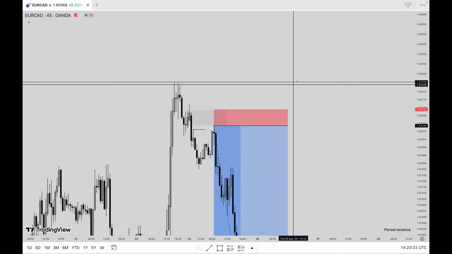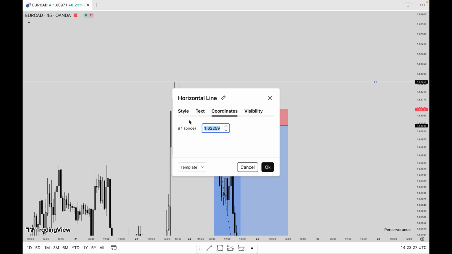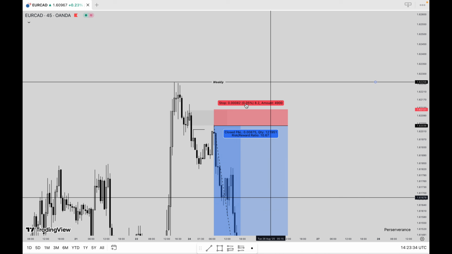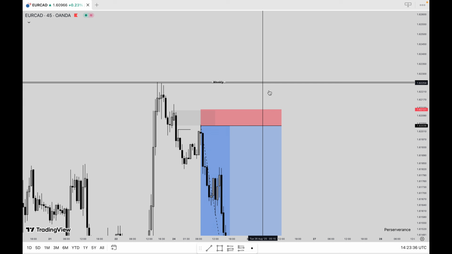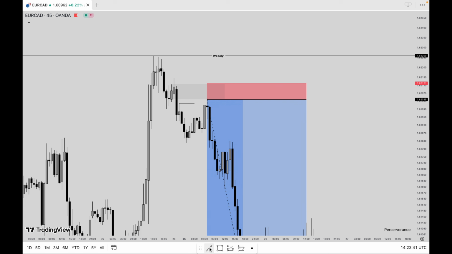Now this horizontal line you are seeing is the weekly resistance zone that price tapped into. I just labelled it weekly for you to be able to understand it, right? As price tapped into this weekly resistance zone, remember that the overall direction of the market is still bullish. When I made a video on directional bias, I explained external and internal structures, right?